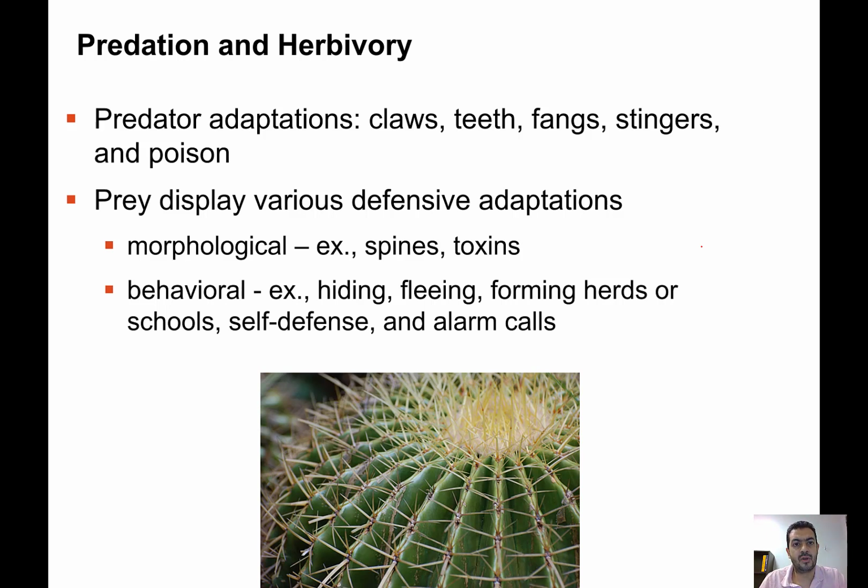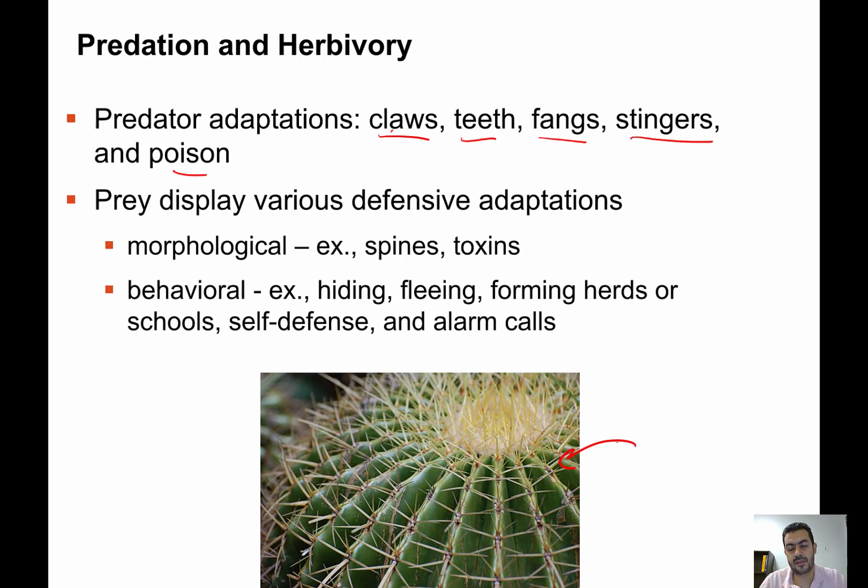The predator, to be more successful as a predator, has adapted claws, teeth, fangs, stingers, and poisons. In terms of the prey, they have displayed various defense adaptations. It could be morphological things like spines or the release of toxins, or it could be behavior changes like hiding, fleeing, forming herds.